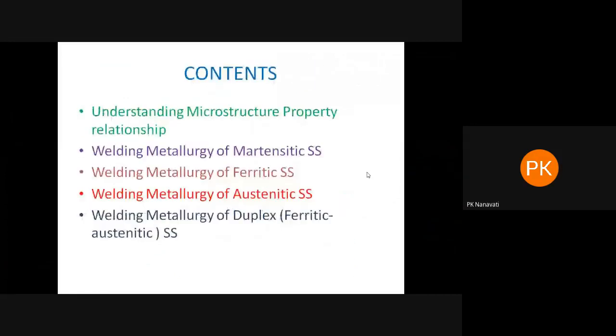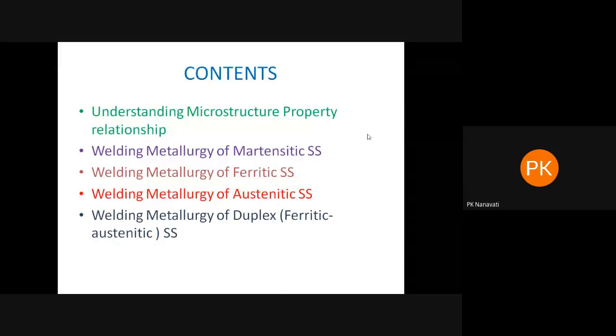Great. So now the contents of the presentation I would like to go through: understanding the microstructure property relationship, because when we are talking about welding metallurgy, obviously we have to understand this relationship. Then I will touch upon the welding metallurgy of martensitic, ferritic, austenitic, and duplex stainless steel, that is, ferritic austenitic stainless steel.